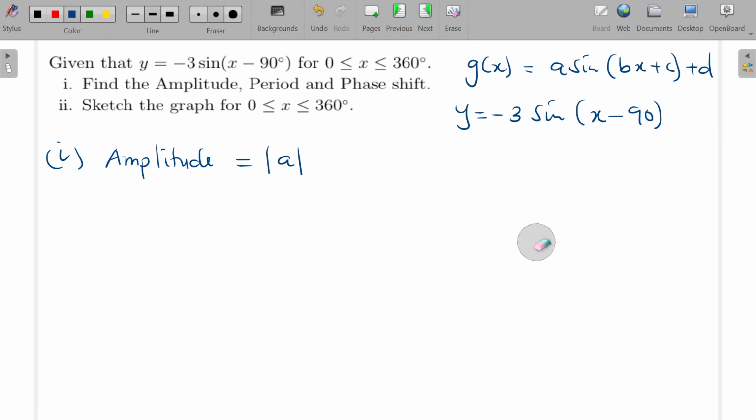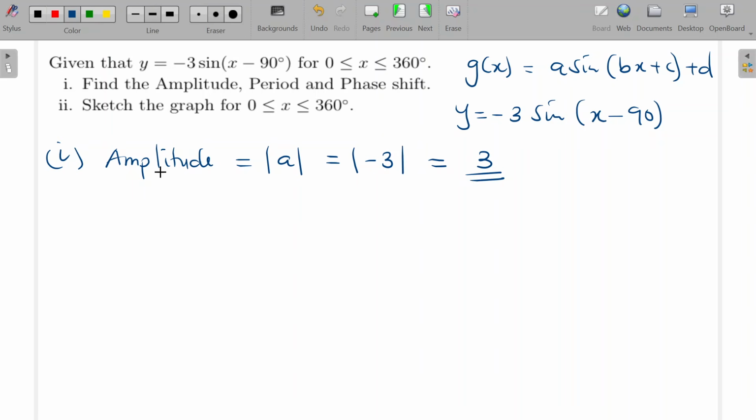I think that's why they didn't even ask the question to calculate the vertical shift. So for the amplitude, you get the A and you find the absolute value of it. Amplitude is equal to the absolute value of A, which in this case is negative 3. As a result, my amplitude is equal to 3.